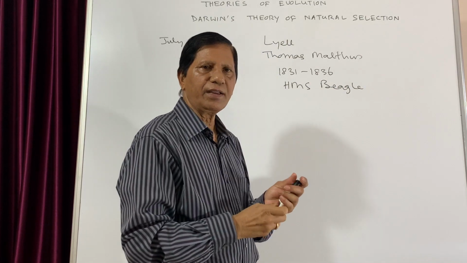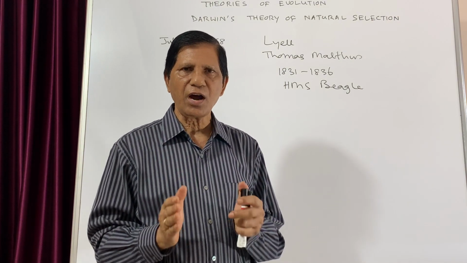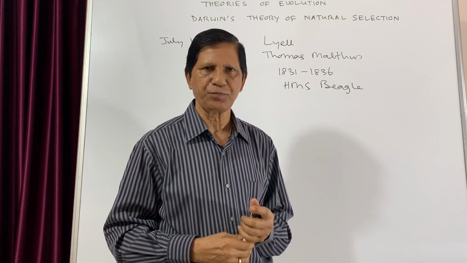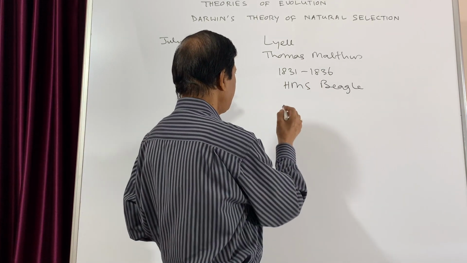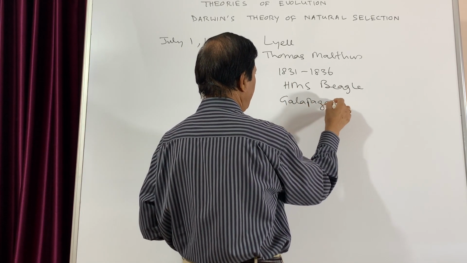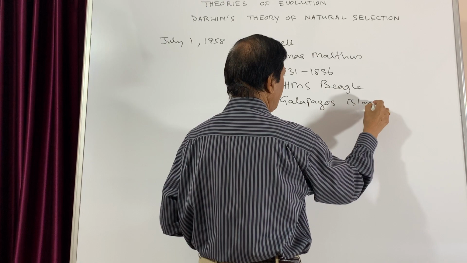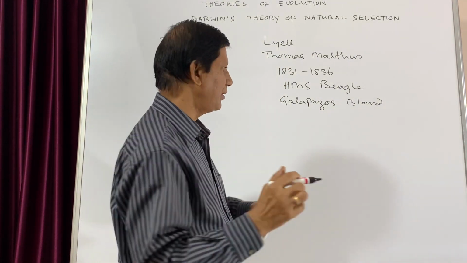While traveling, he collected data from different plants and animals on how evolution has taken place. And ultimately, he sailed to an island, the Galapagos Island, which is also known as the living laboratory of evolution.